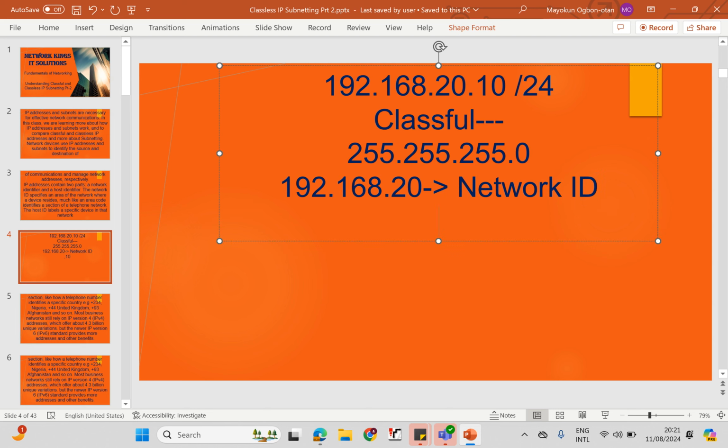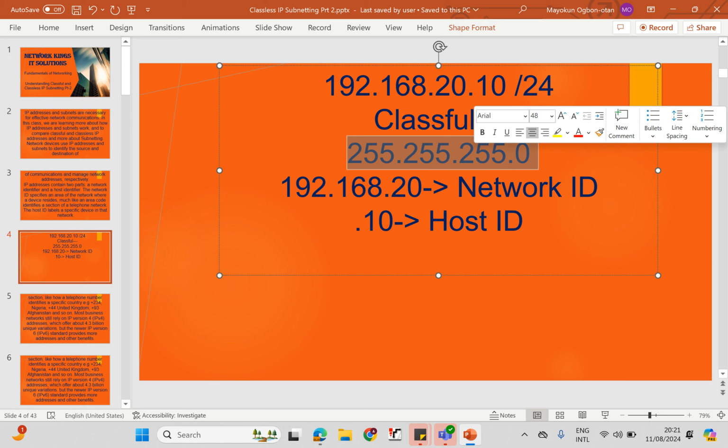And .10 is the host ID. And how do I know this? I know this through the subnet mask. We will get more detail on this as time permits us.